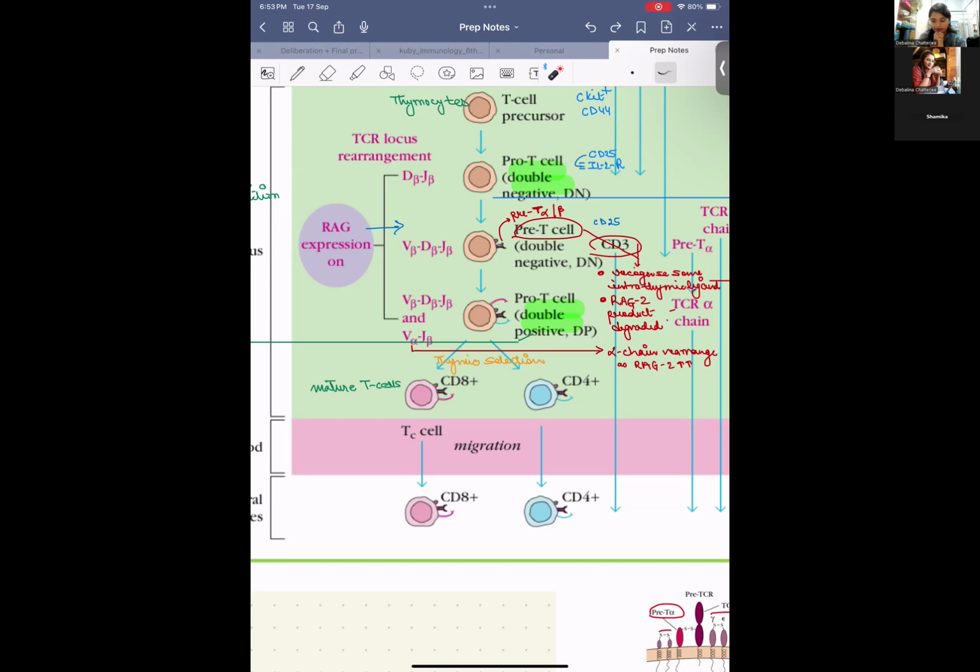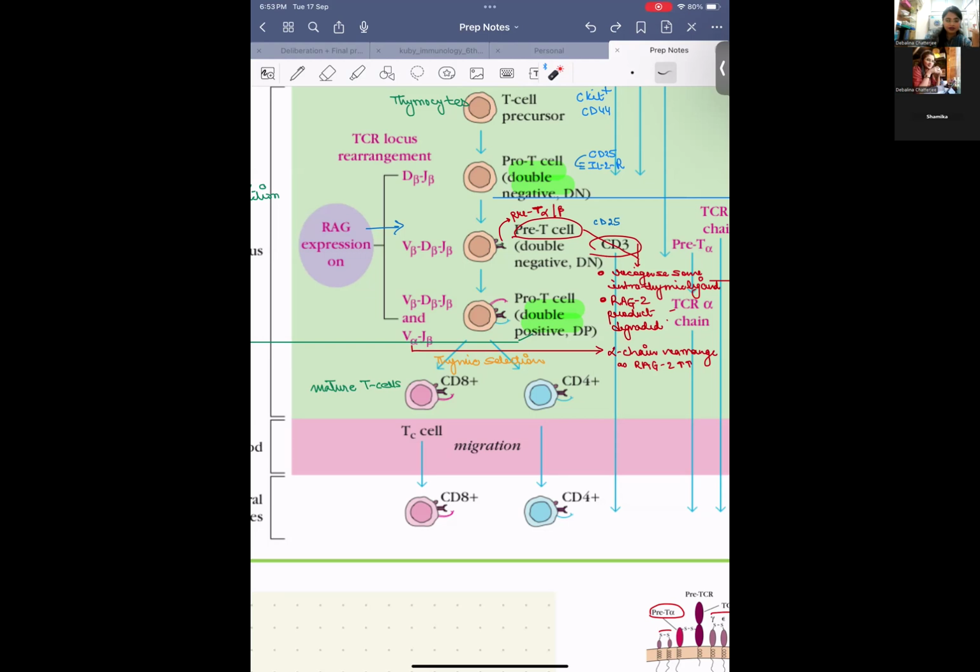Ma'am, so RAG2 here is not a product, it is an enzyme, right? Hmm, RAG is also the name of the gene. The enzyme that forms from this RAG gene is also called RAG. We designate it as a gene if we write it in small letters, and if we write in capital letters, that means we are referring to the gene product.